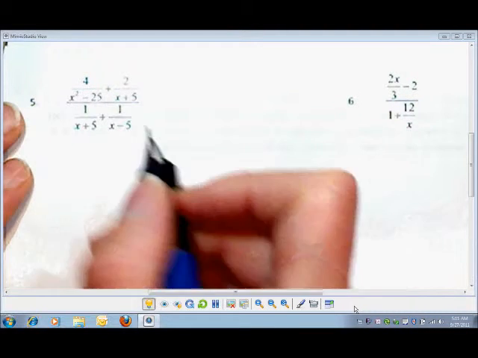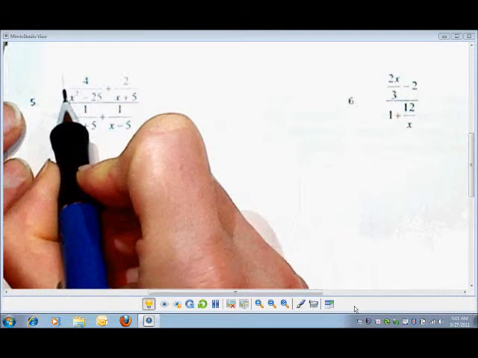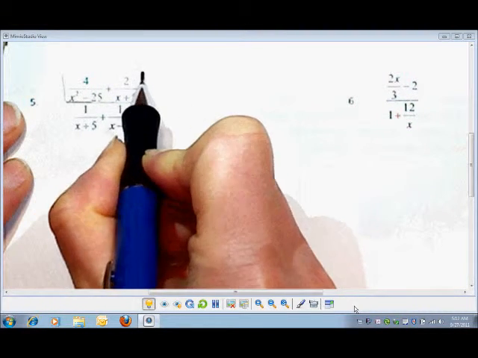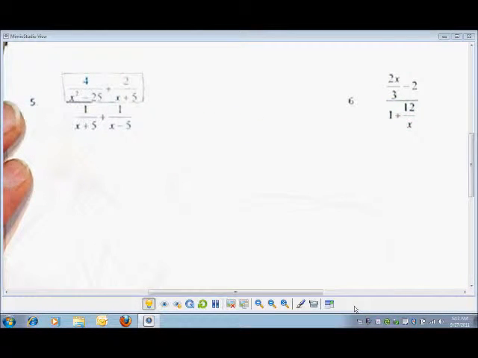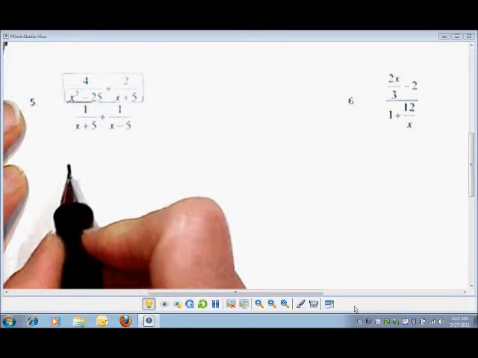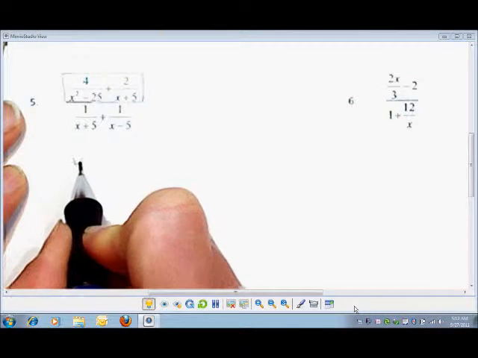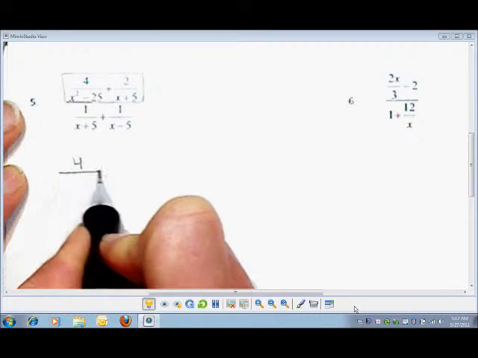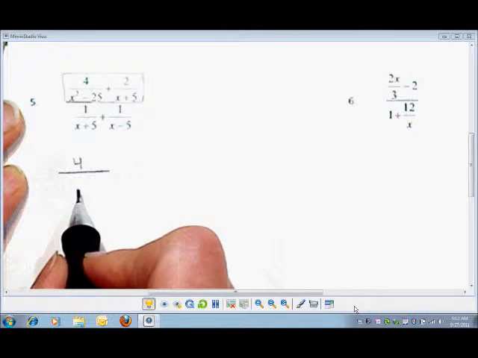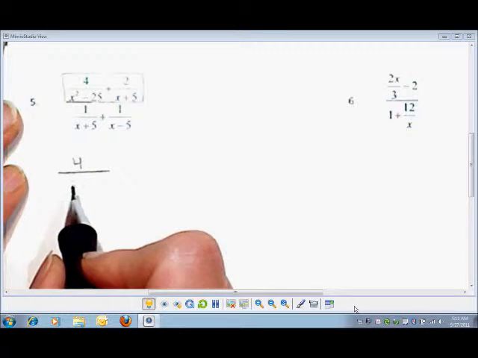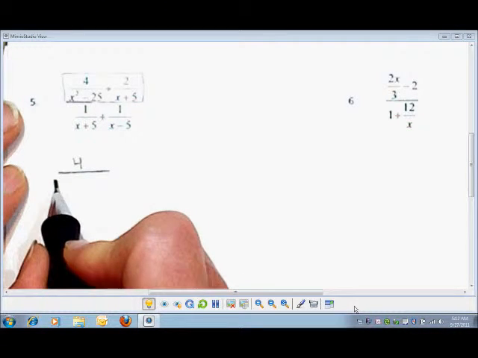Let's just look at this numerator first, and let's rewrite that to get a common denominator. So we have 4 over, well, let's factor this out. X squared minus 25 is the difference of two squares.